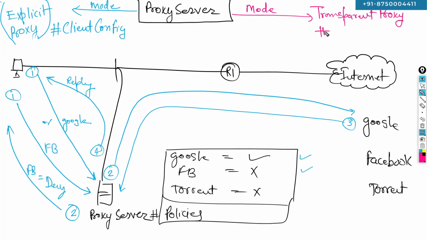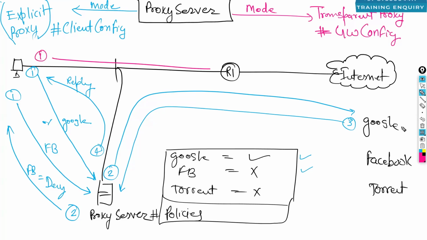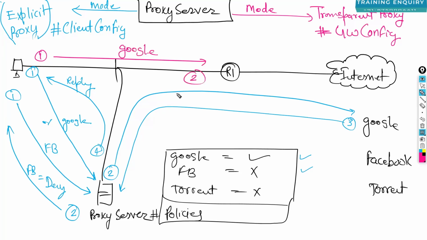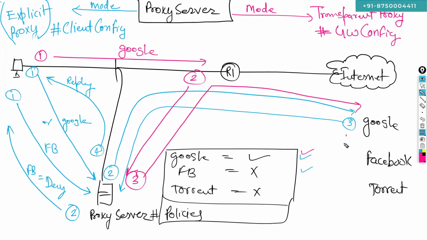This transparent proxy requires gateway configuration. So we need to configure the gateway here. Now, normally the client will send the request to the gateway: I want to communicate with Google. The gateway is configured, so the gateway will send the request to the proxy server. The proxy server will check, Google is allowed. Now the proxy server will send the request to Google.